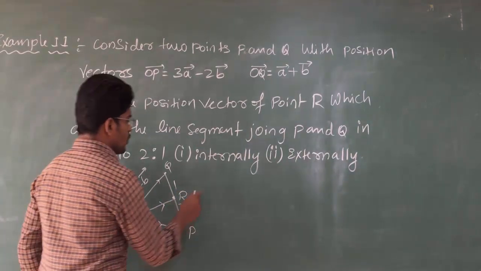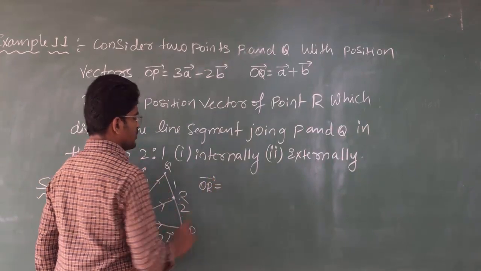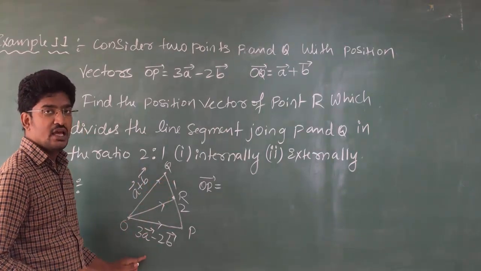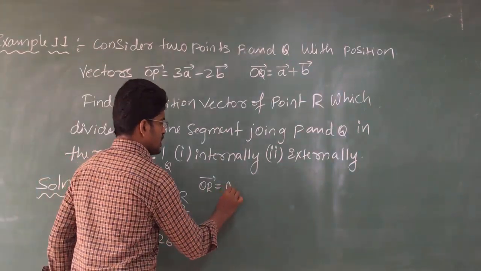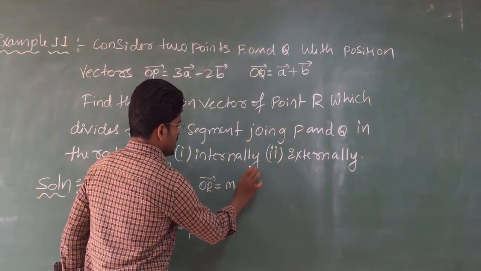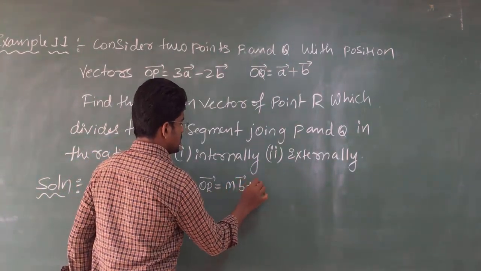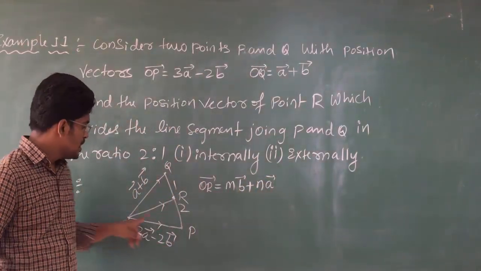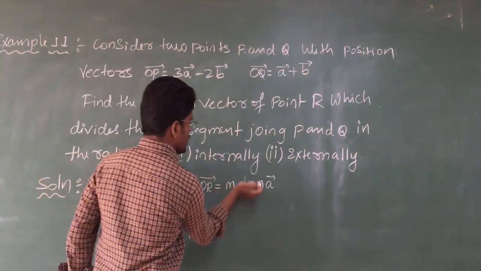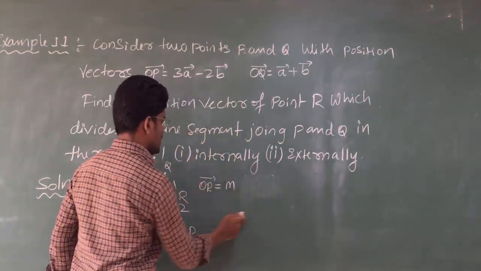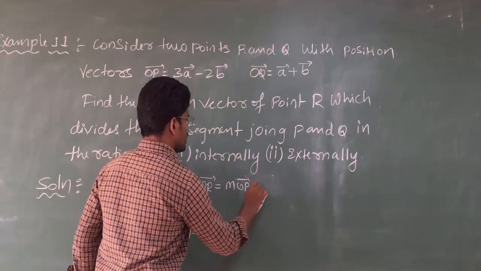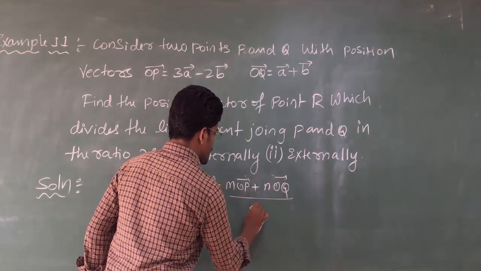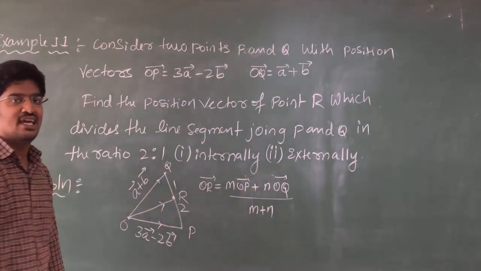Clear? So OR vector will be equal to m vector B plus n vector A. That is nothing but m vector OP plus n vector OQ divided by m plus n, since they are the position vectors of P and Q. So this is internally.